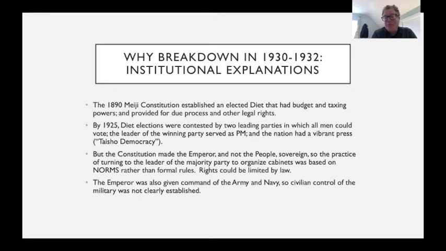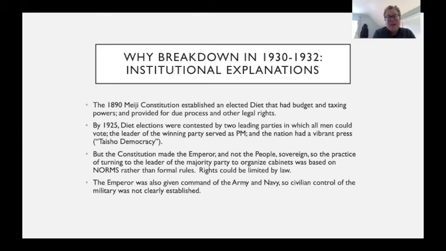Especially at the beginning, it was not clear that the cabinet would come out of the legislature in the way it does in Britain today. So it was only gradually that you started to see more party politicians coming out of the Diet and serving in the cabinet alongside members of the aristocracy and figures from the military and members of this oligarchy that had been ruling in the emperor's name.